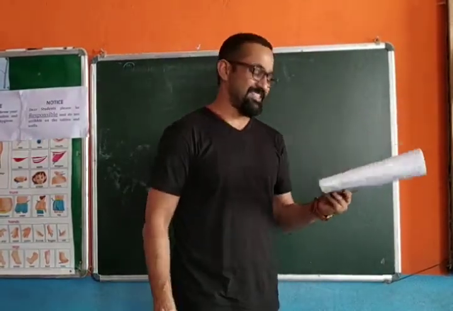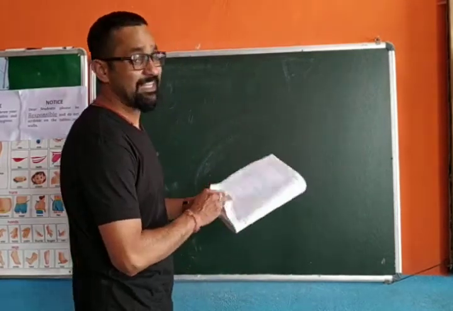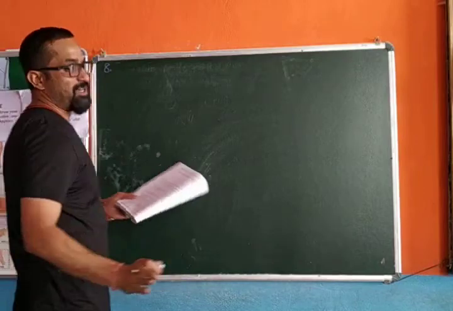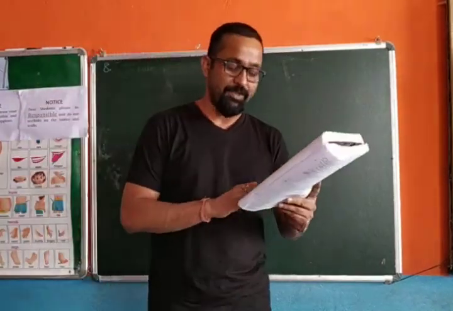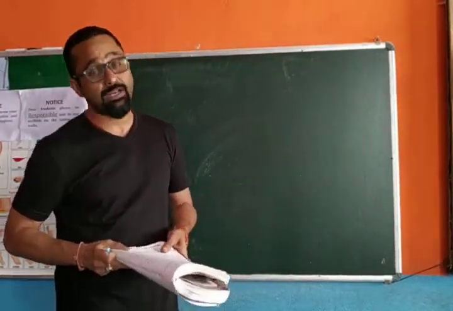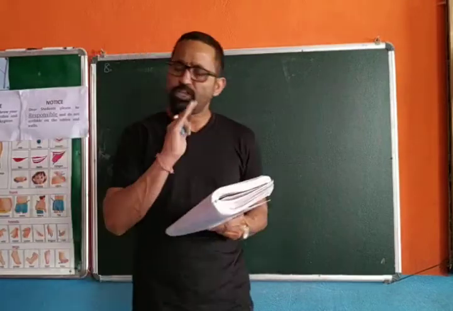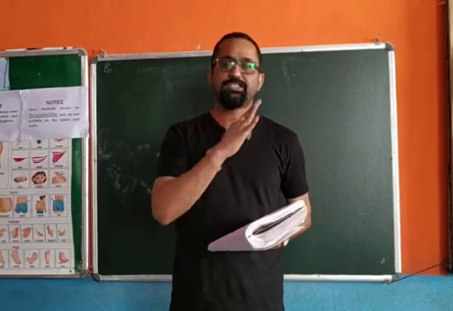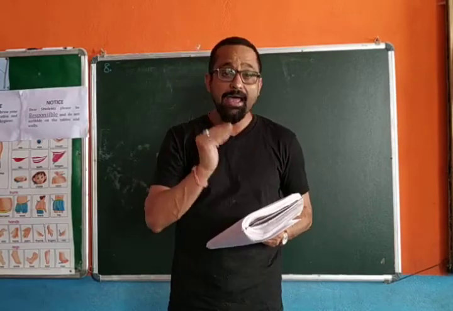Question number 8 from exercise 11. A bit confusing but easier. ABCD is a parallelogram. When you are given a parallelogram, please do remember opposite sides are parallel and they are equal.